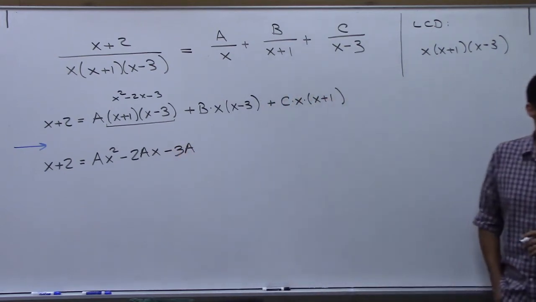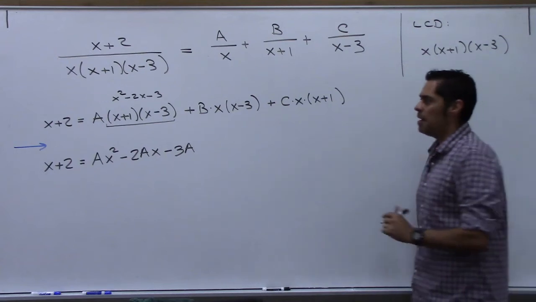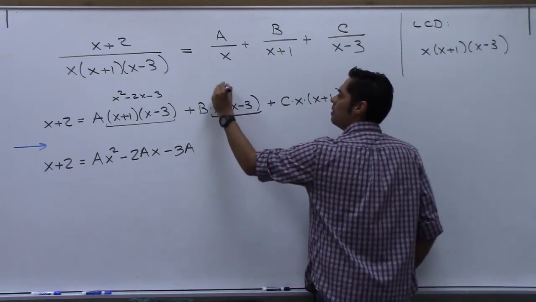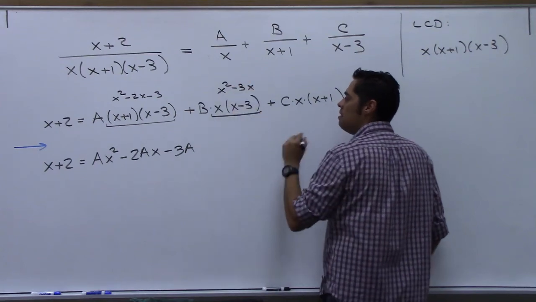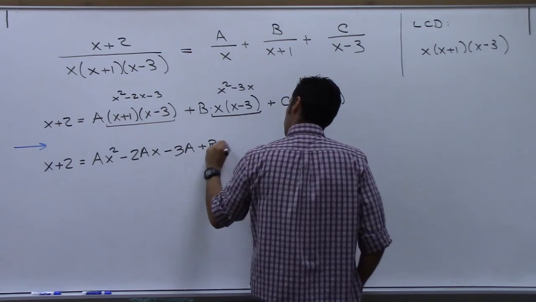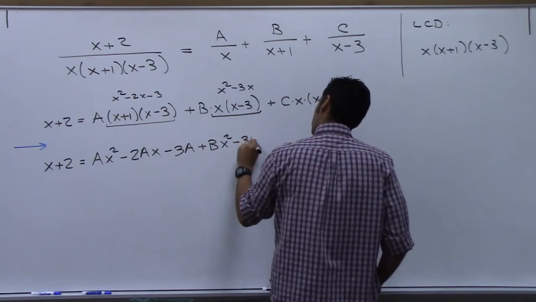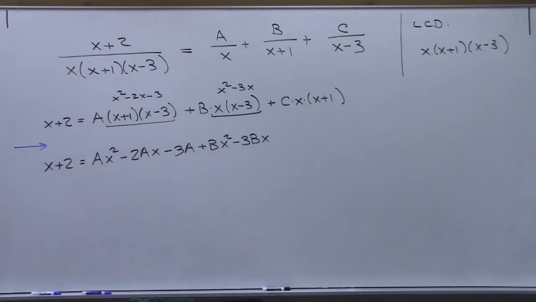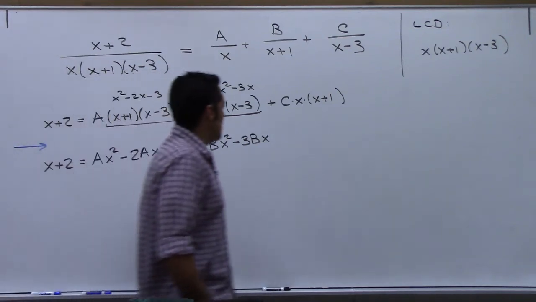Everyone okay with that? Do the same thing here. Put these two together. What are these two together? x squared minus 3x. Now pass a b through those. Plus bx squared minus 3bx. Plus, it's my last one.